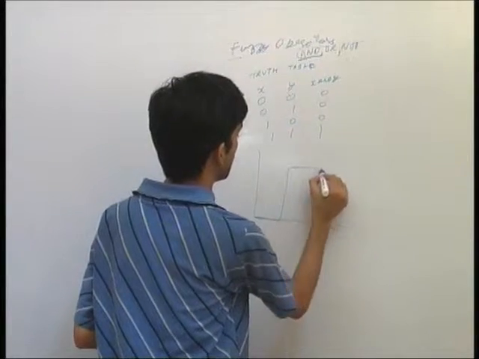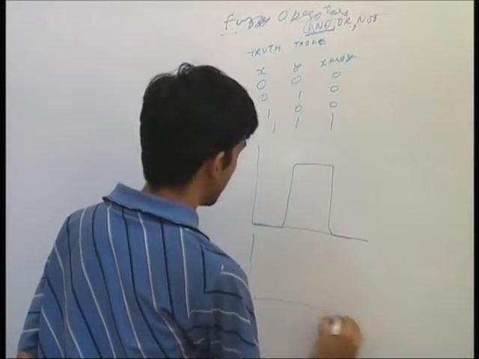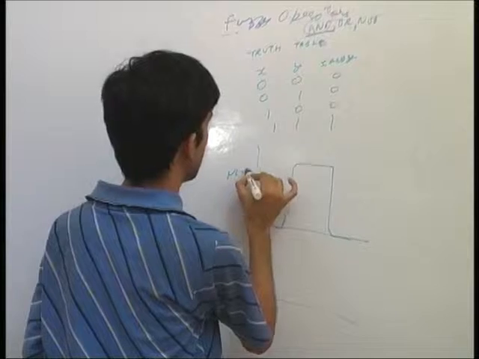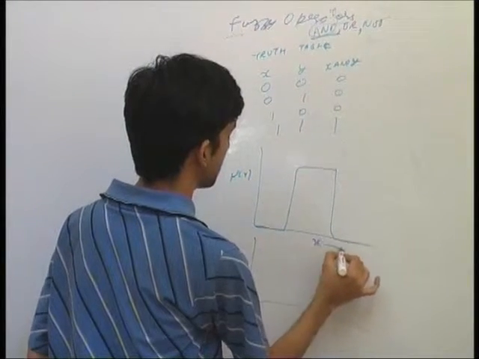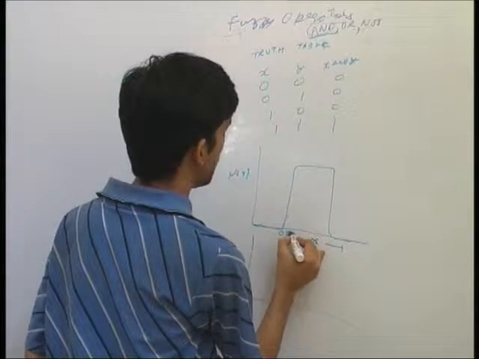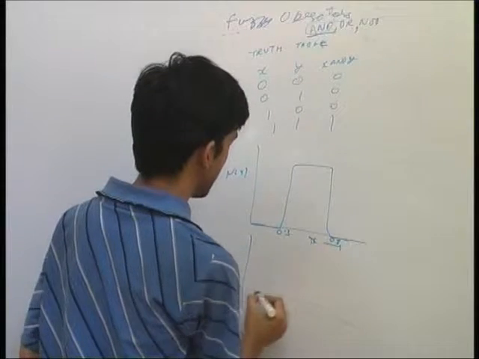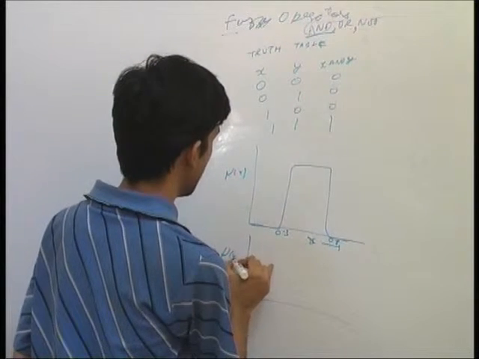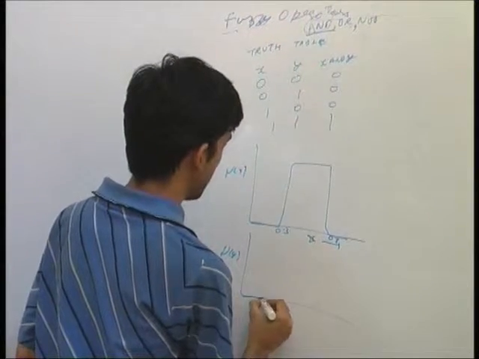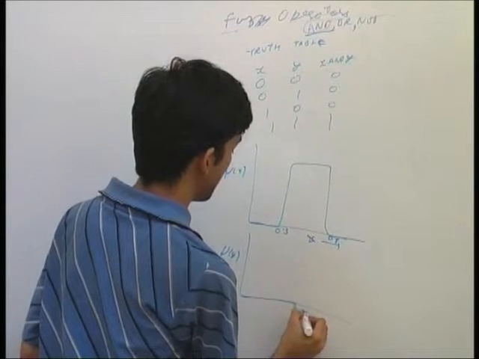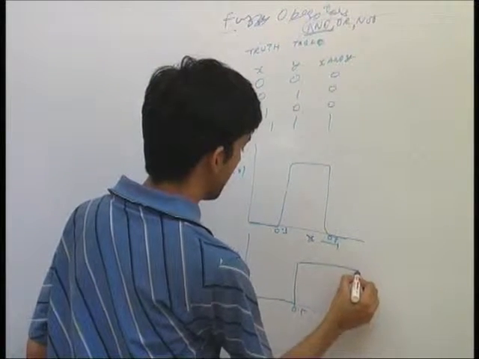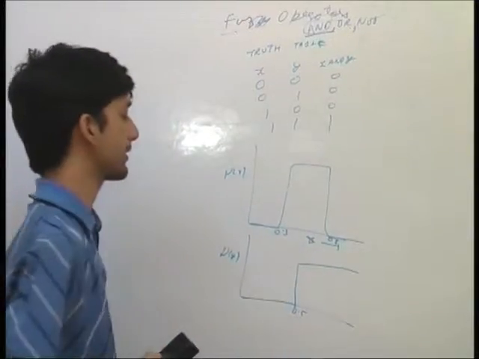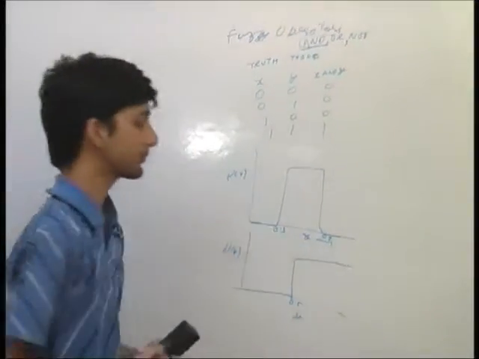So let me say it's over here like this, and this is my x. Let me say this is 0.3, let me say this is 0.8, and let me say this is y. Let me say it's 0.5 over here, and here's how it goes, this is y.